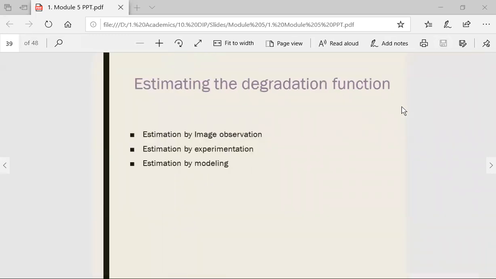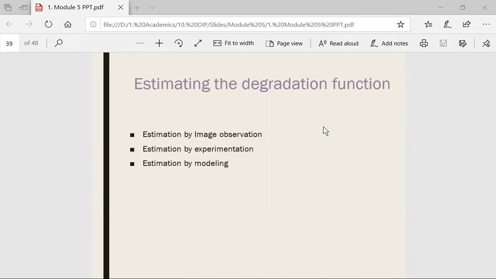Estimating the degradation function is done in three ways: estimation by image observation, estimation by experimentation, and estimation by modeling. With image observation, you estimate how much of black pixels or white pixels is present by looking at the spectrum. Experimentation is nothing but checking at different levels, pass 1, pass 2, pass 3, and so on. You run the filters again and again over the image to remove the noises, then work out which filter is suitable for which kind of noise.